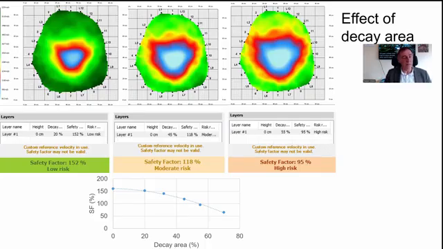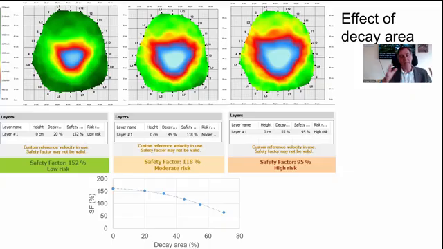The safety factor is a little bit dropping. You see, when there would be no decay, the safety factor is above 150, and in case of 20 it is just at the border, 152.